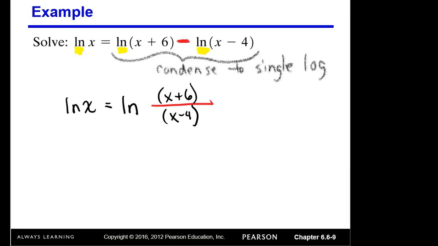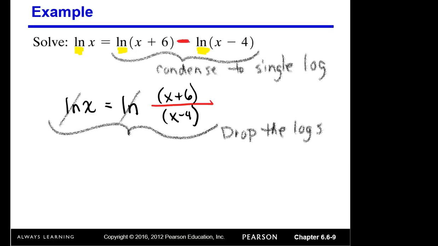That's that rule. And now I have a log of this equals a log of that. So now at this point, I can drop the logs. I can use the drop the log rule. So just bing, bada boom. And so now what I have is x equals an x plus 6 over an x minus 4.